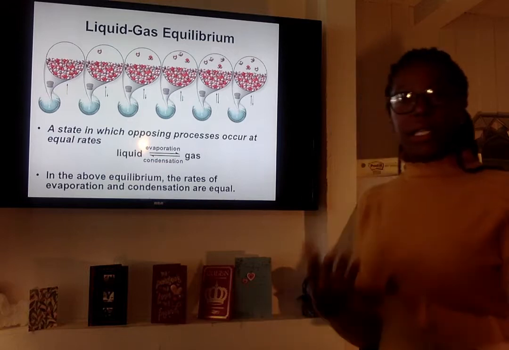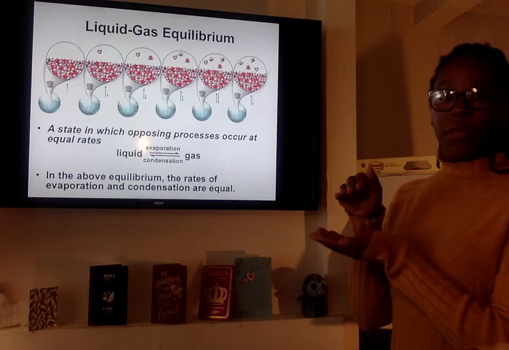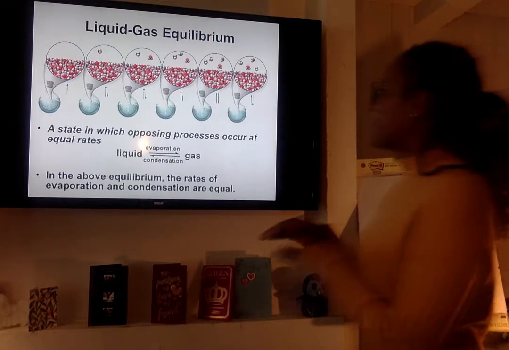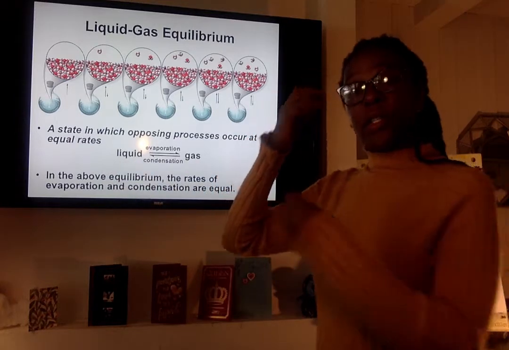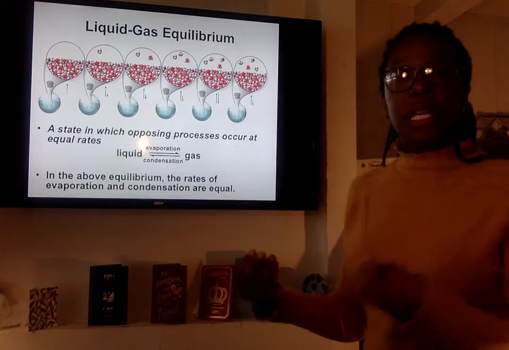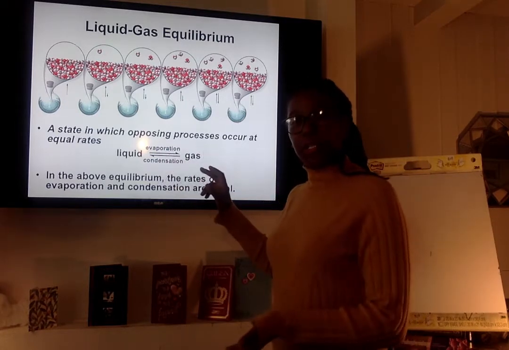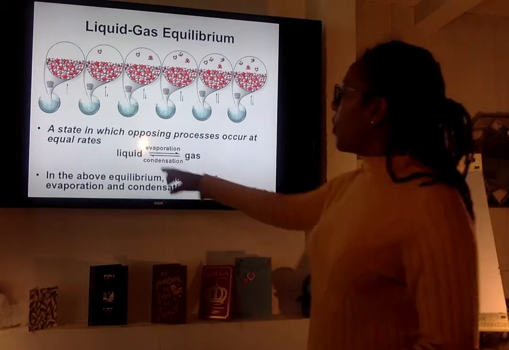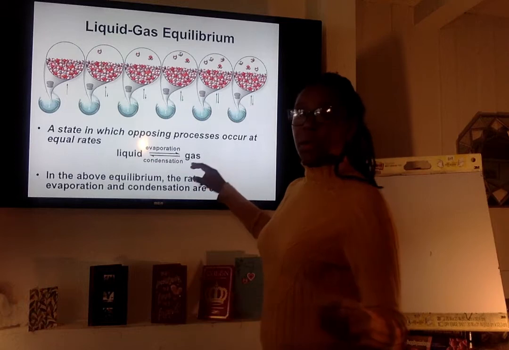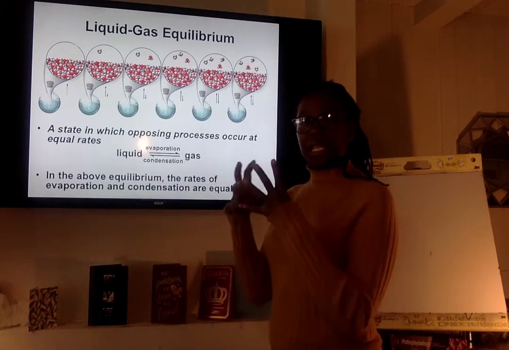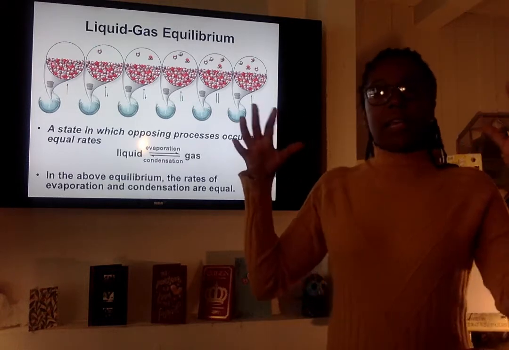And remember, I gave that example of when you're boiling water and you have a top on the pot. When you are boiling that water into a gas, that's called vaporization, AKA evaporation. So when you're boiling water to a gas, it's evaporating, and then the gas going back to a liquid is condensing.